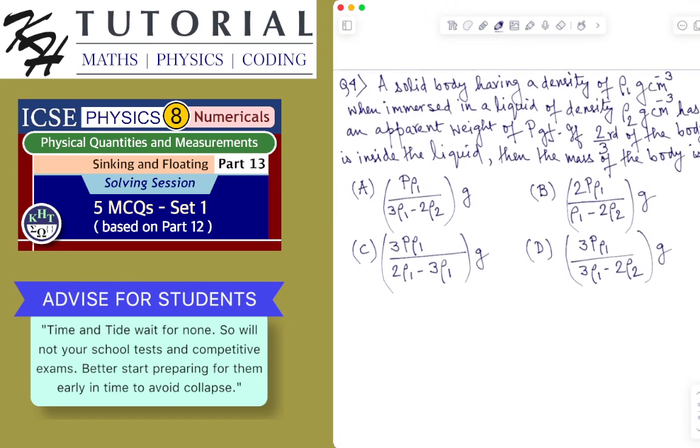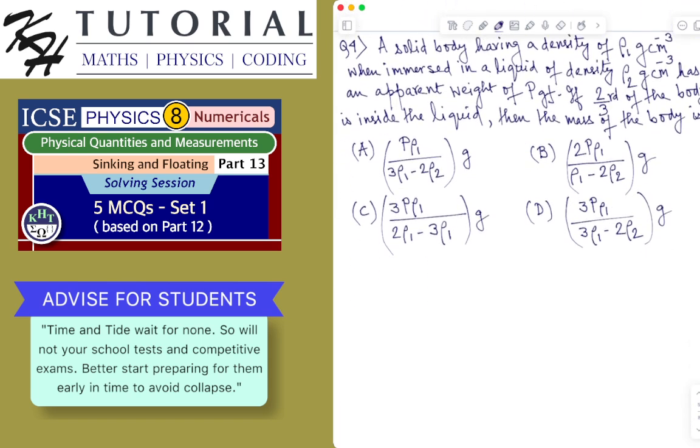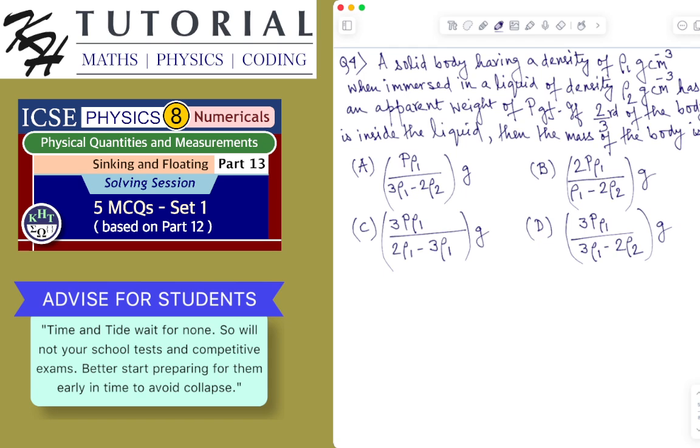Question number 4. A solid body having a density of rho 1 gram per centimeter cube when immersed in a liquid of density rho 2 gram per centimeter cube has an apparent weight of capital P gf.